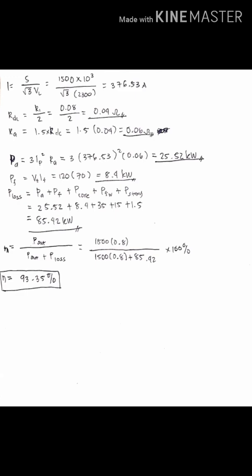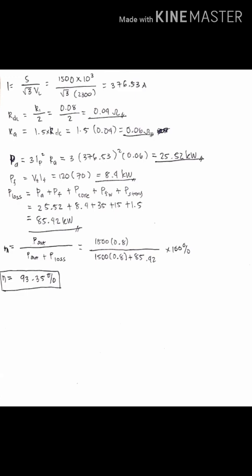Then PF equals VF, the field voltage, times the field current, which is 120 times 70. So the field power is 8.4 kilowatts. Next is the power loss.